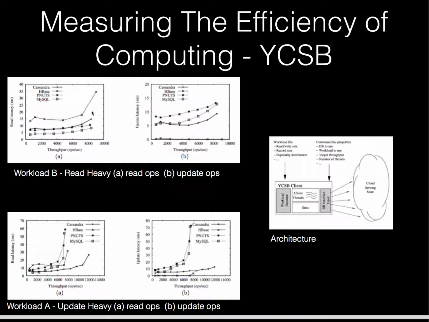With HBase, the more throughput we did, the HBase read latency went significantly higher as opposed to the rest of the data set.